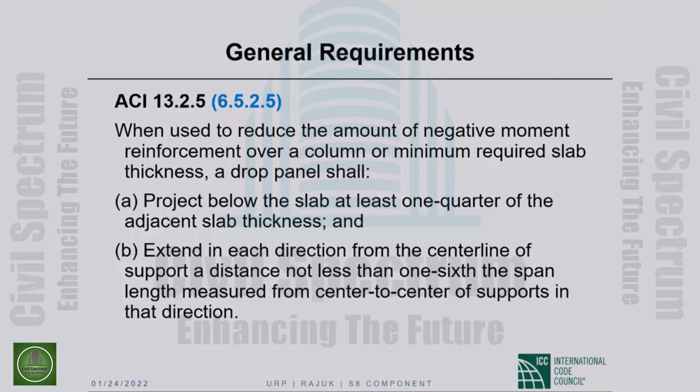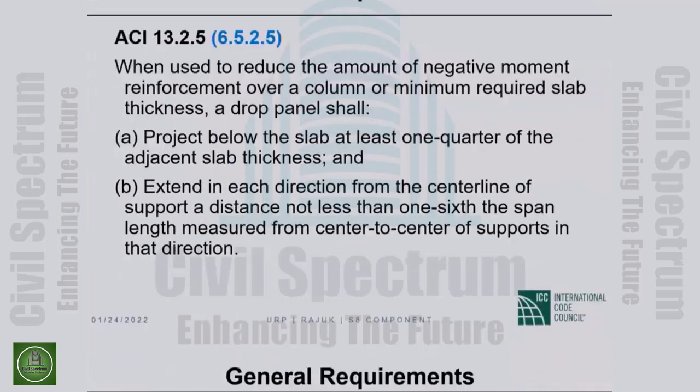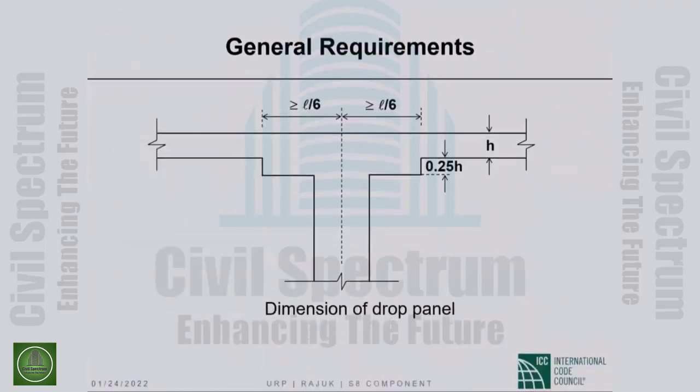Otherwise, they are technically not drop panels. Okay. So this is much more clearly understandable. A drop panel minimum thickness is 1/4 of the slab thickness, and it must extend 1/6 of the span length into each span. So this is a requirement of a drop panel.